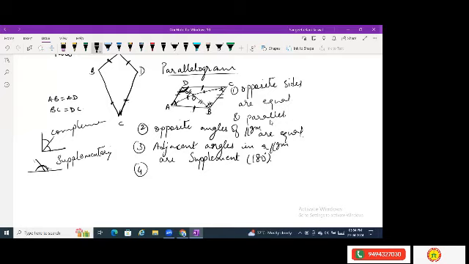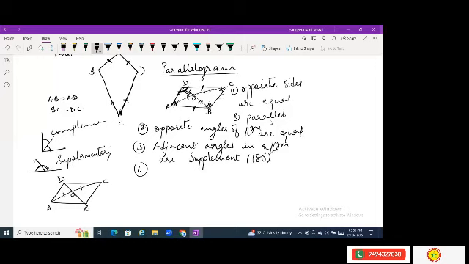Are you understanding? Ma'am, could you explain again, ma'am? I didn't get it. See here, parallelogram is this. I'm saying if I make two diagonals on this parallelogram, then each of the diagonals bisects the other diagonal. Okay? Each diagonal bisects the other diagonal. Now BD is a diagonal, AC is a diagonal. So, BD diagonal will bisect AC diagonal into two equal parts.